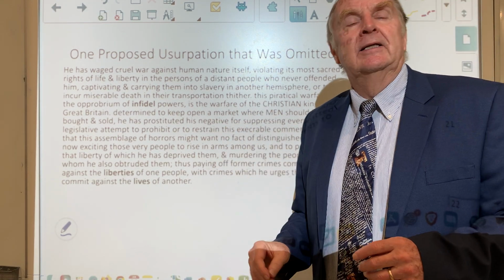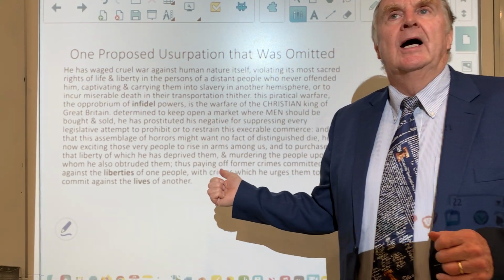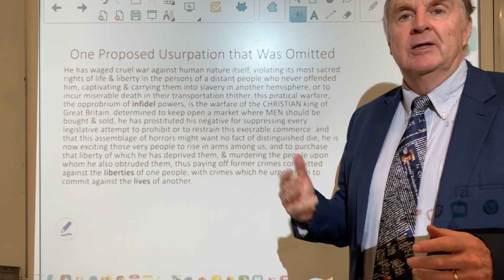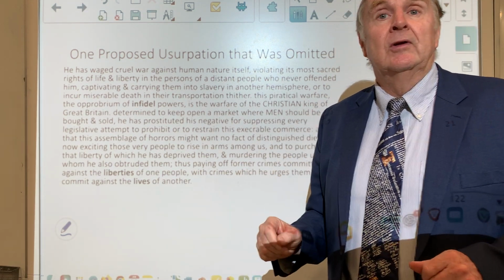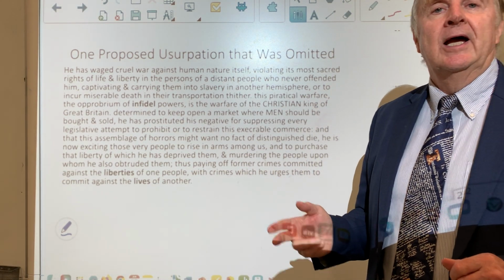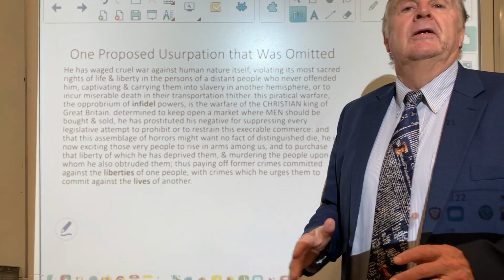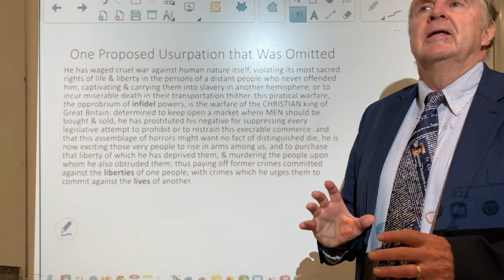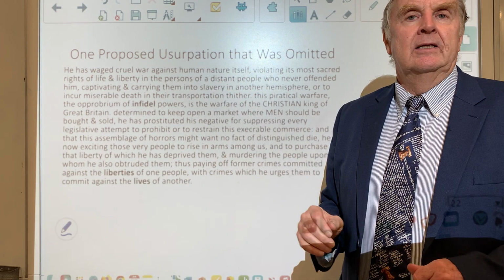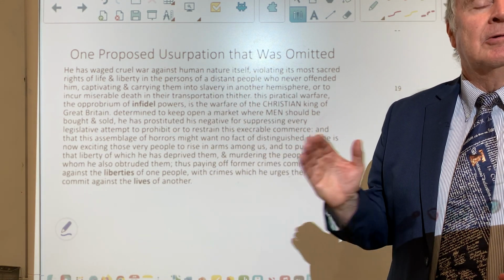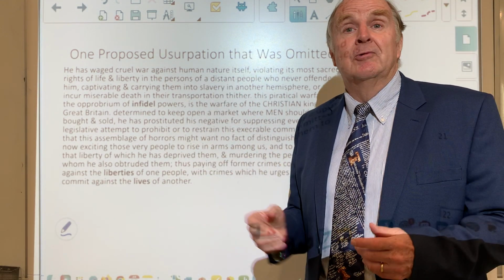Now, unfortunately, this was removed from the final draft because only three colonies objected to it, the two Carolinas and Georgia. And it was decided that it was better to have all 13 go along with the Declaration of Independence. So they unfortunately dropped this.